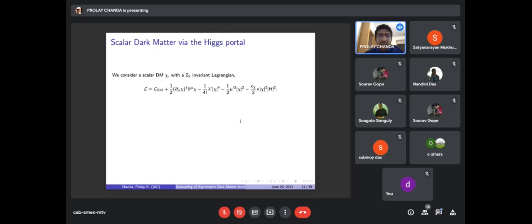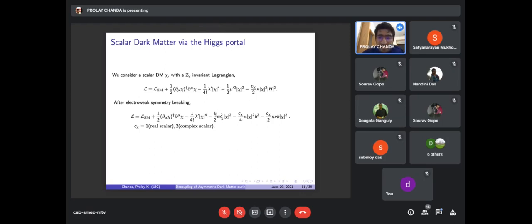Then we can write down one of the simplest WIMP scenarios where the dark matter interacts with the standard model through a Higgs portal, and we can write down the following Lagrangian for a scalar dark matter, and we can see that after the symmetry breaking, it takes the following form.